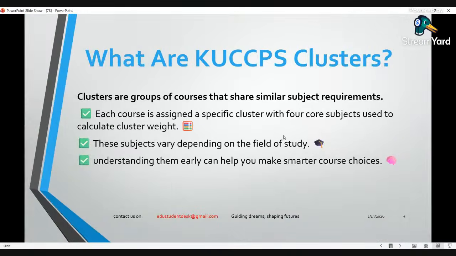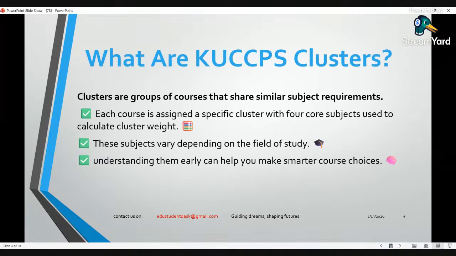So let's start. What are KUCCPS clusters? Clusters are basically a group of courses that share similar subject requirements. KUCCPS uses clusters to determine which subjects are most relevant for a particular course, making it easier to match students to their right course. So the related courses are grouped into one cluster.